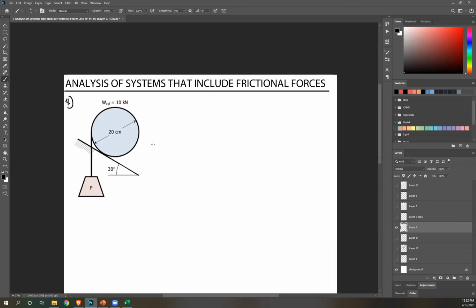Now notice the way that it is drawn. It's not acting directly at the center, or it's not obvious that it's directing at the center. Okay? Meaning, we have a non-concurrent force system.